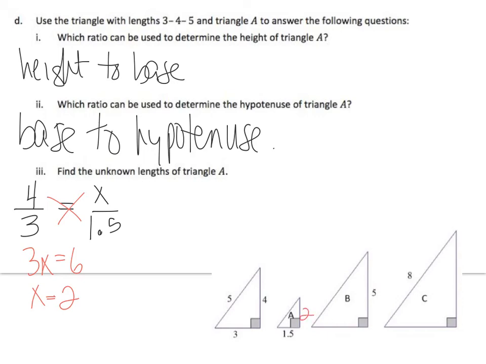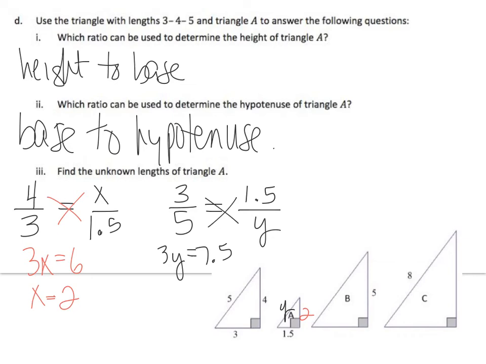And hypotenuse. If I did base to hypotenuse, so 3 to 5 equals 1.5 to y. Let's say that's y. Go ahead and cross multiply. 3y equals 7.5.